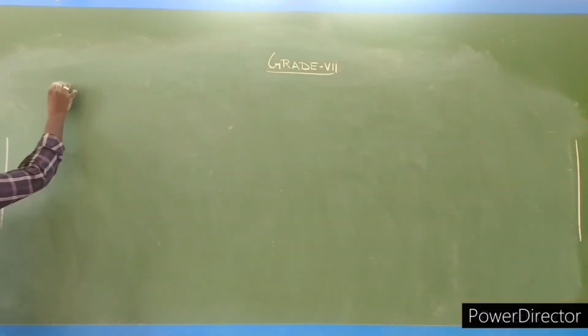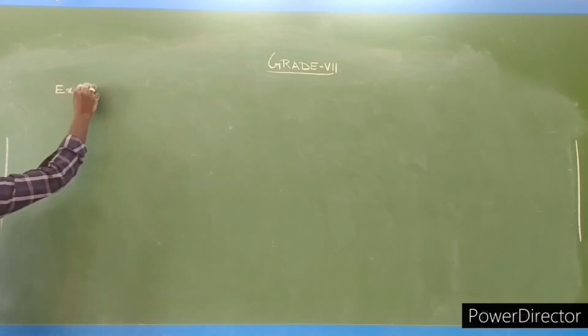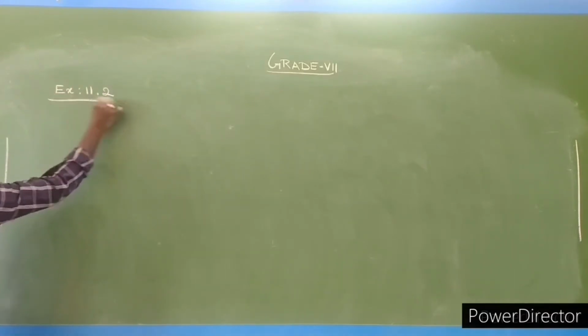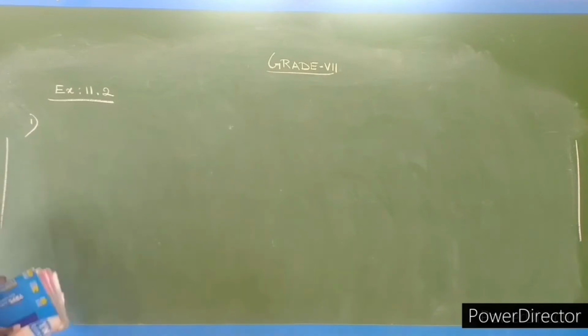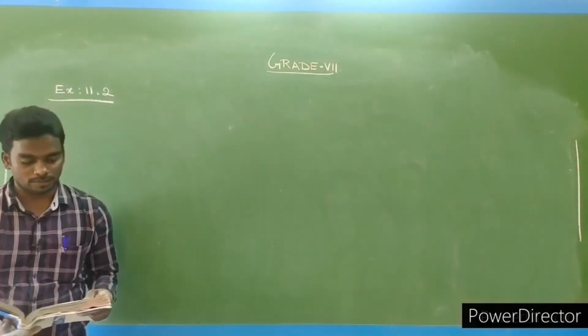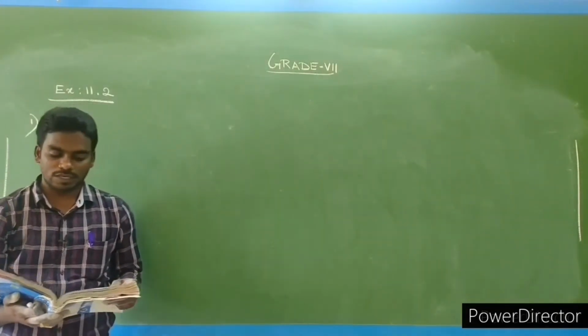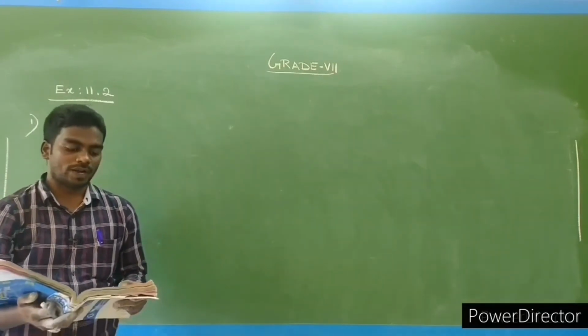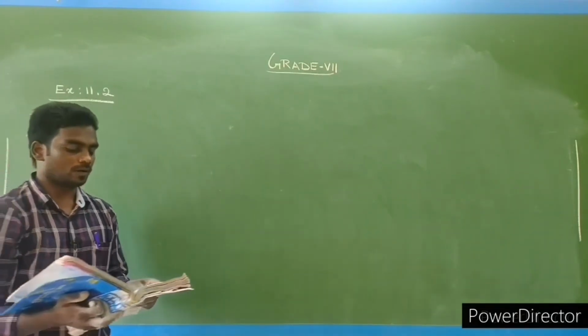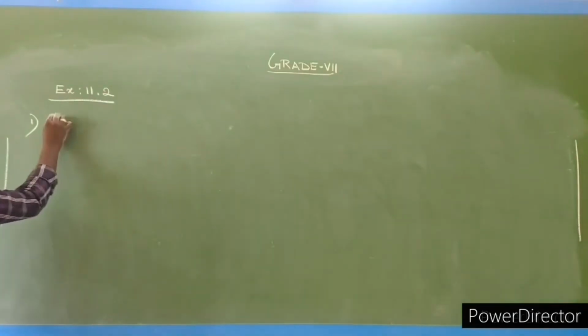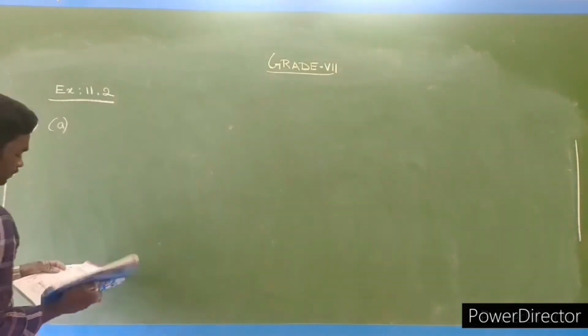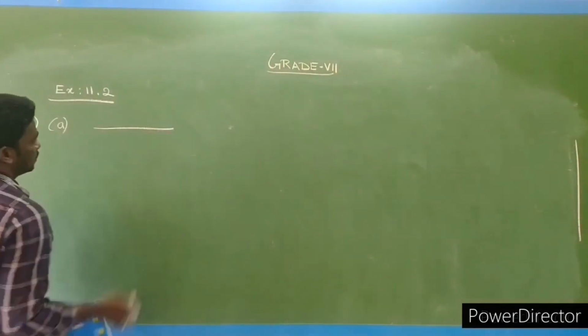Next, our exercise 11.2. First question. What is our first question in our exercise 11.2? Find the area of each of the following parallelograms. First question A. The parallelogram is given.